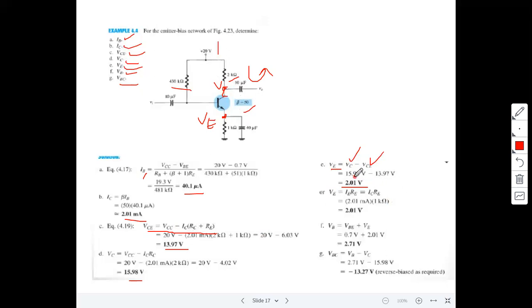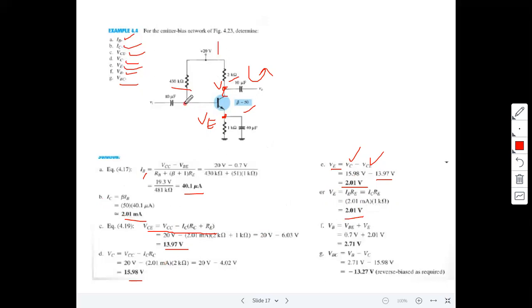So that is 15.98 minus 13.97, that is equal to 2.01 volt. Or otherwise, emitter voltage is equal to emitter current times RE, emitter current approximately equal to collector current, 2 milliamperes, 2 milli into RE, that is equal to 2.01 volt.